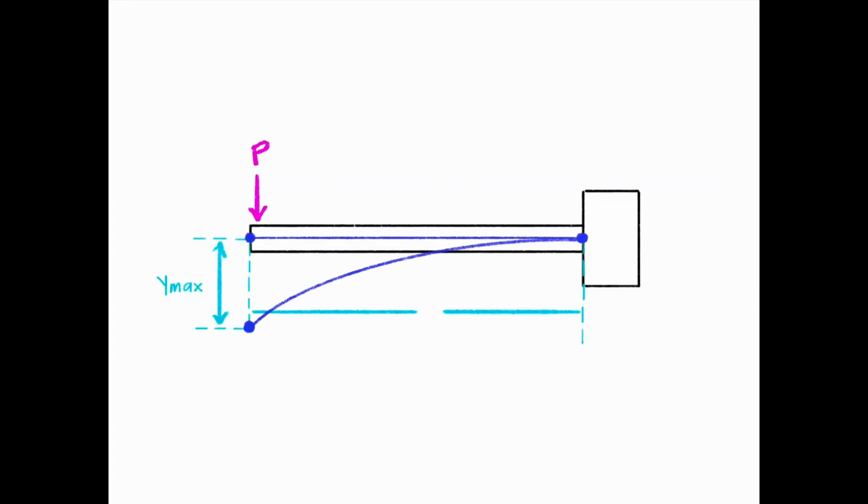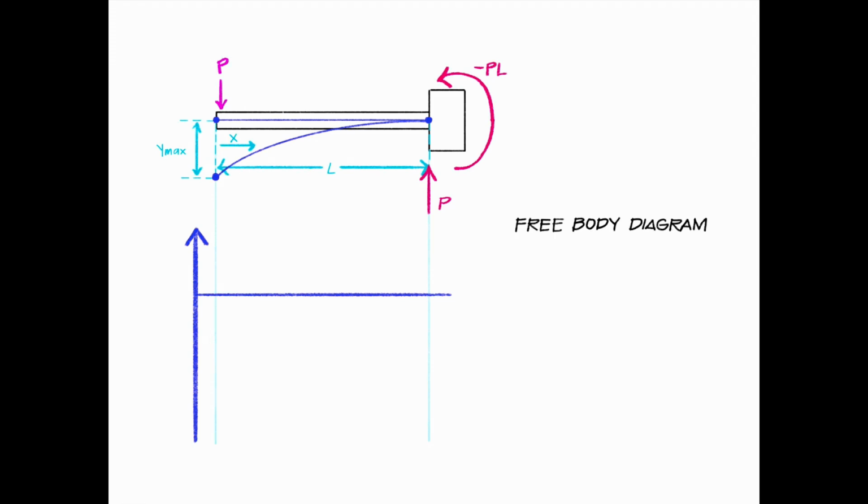Consider a cantilever beam with a load applied at the end. Begin with the free body diagram to determine the reaction forces. Next, we calculate the bending moment along the beam by analyzing a slice of the beam.